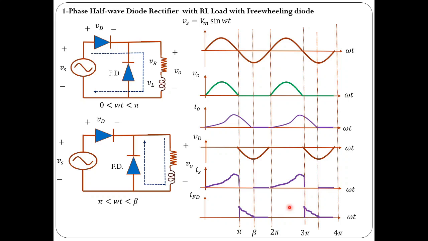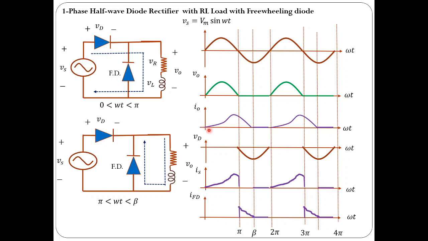Now, if you observe carefully, there is no negative value for the output voltage. Previously we have seen that the load voltage and load current both are positive from omega t equal to 0 to pi, and from pi to beta the load voltage is negative and the load current is positive.